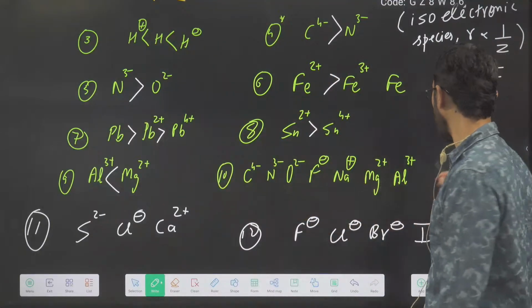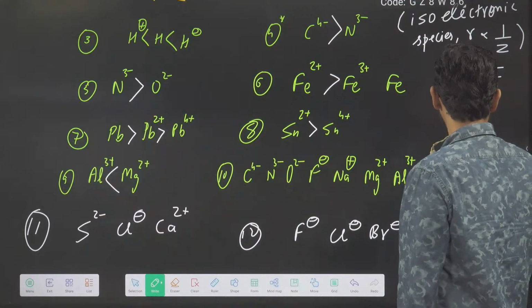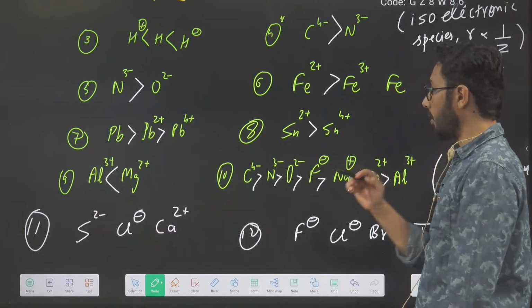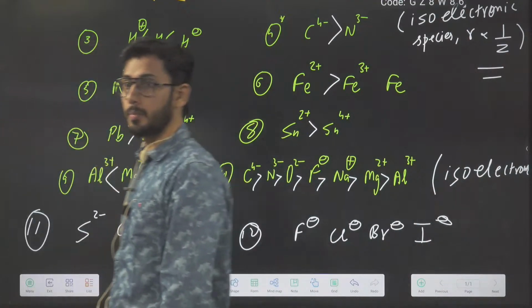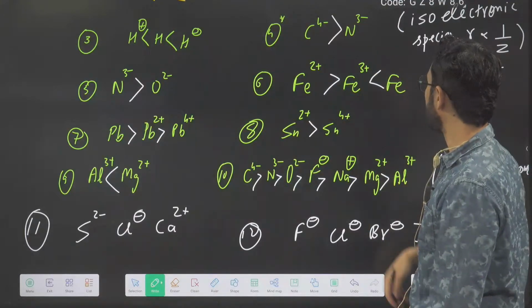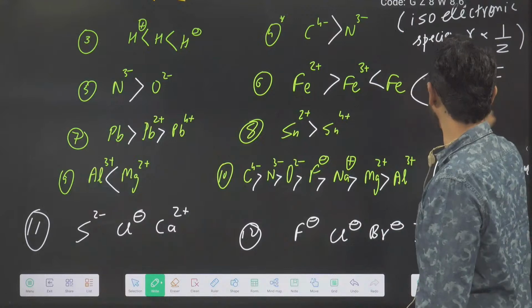Tenth, isoelectronic case. 10th is isoelectronic. Higher the negative charge, more is the repulsion, more will be the radius. Sixth, this is the order: 3, 1, 2.